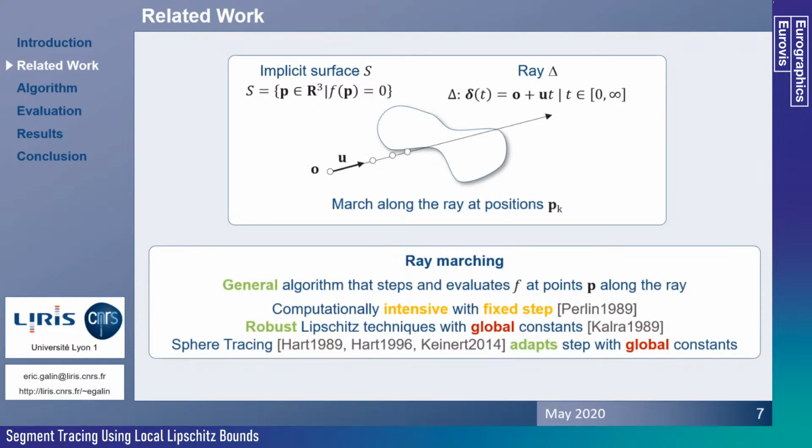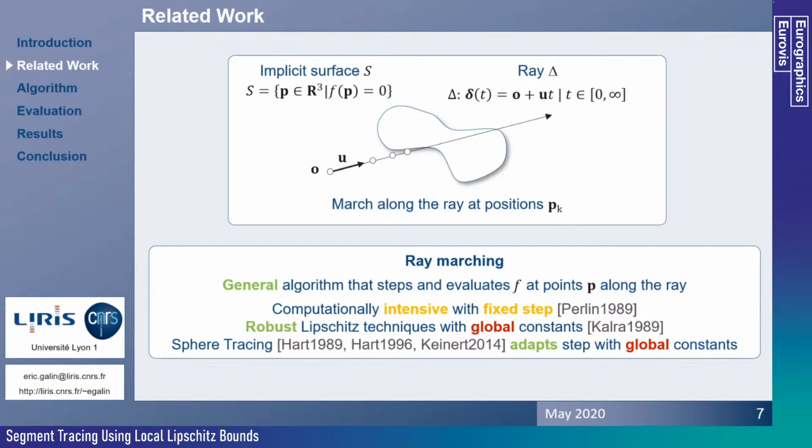Starting from the ray origin, ray marching consists of stepping towards the surface with fixed steps. This approach does not require any knowledge about the field function f, but is computationally exhausting and not robust. Lipschitz functions provide an interesting framework for ray tracing implicit surfaces. Sphere tracing, in particular, requires the knowledge of a global Lipschitz bound of the field function.